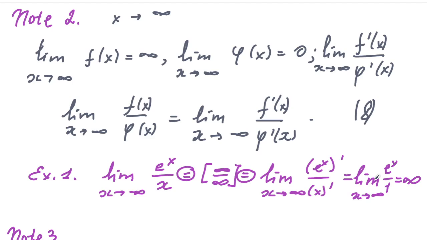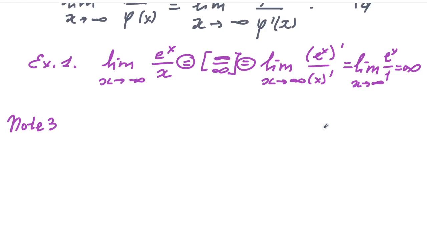It may happen that the limit on the left exists, while there is no limit on the right. To illustrate, let us find limit as x approaches infinity of x plus sine of x over x. This limit exists and is equal to 1.